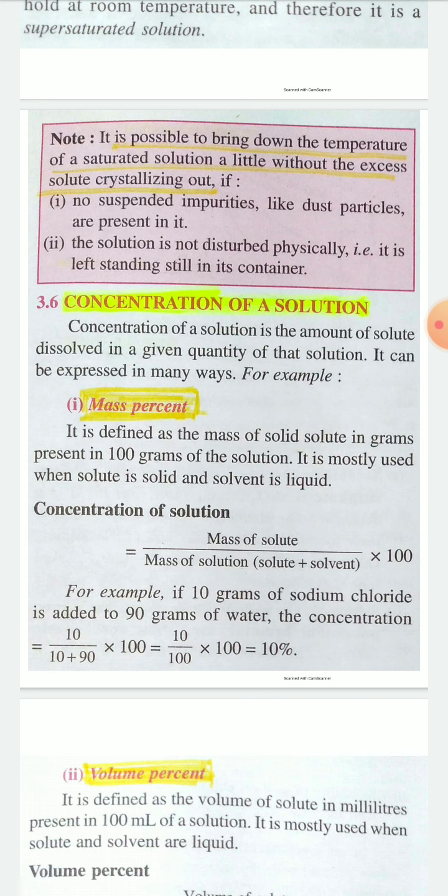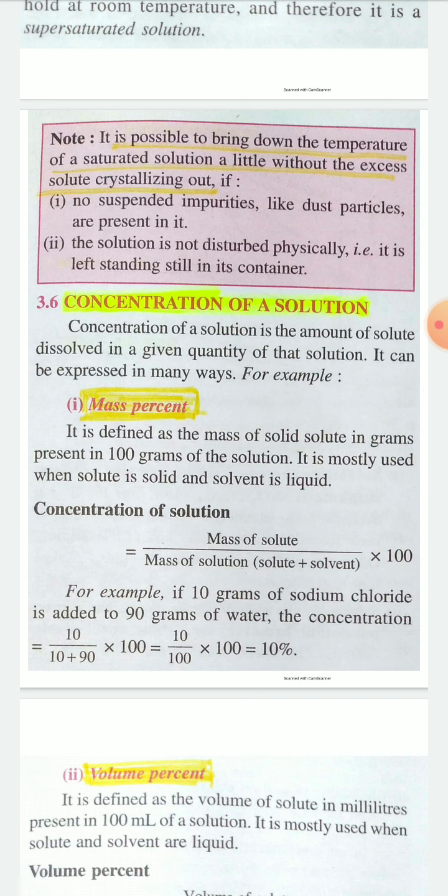Example: if 10 gram of sodium chloride is added to 90 gram of water, what is the mass percentage of this salt water solution? Mass percentage equals mass of solute divided by mass of solution.